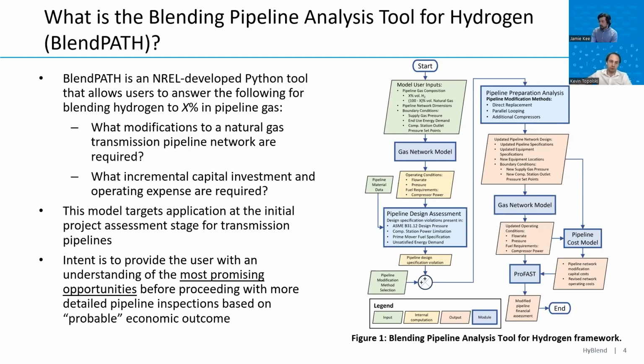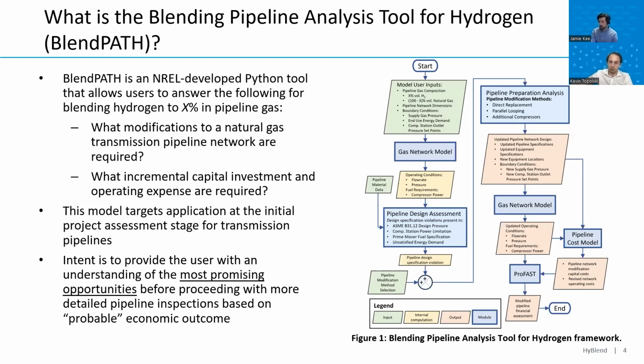that includes detailed pipeline inspections. To the right here, we have a framework overview of BlendPATH. You can see that this is a mix of multiple models that help us get from our known inputs, which are the pipeline design records and operating records, as well as a user-specified amount of hydrogen in the pipeline gas.